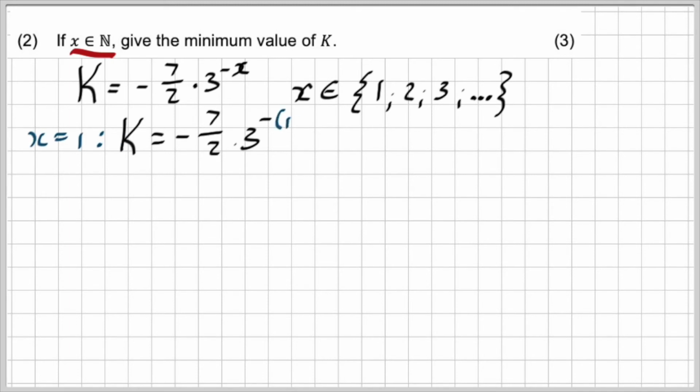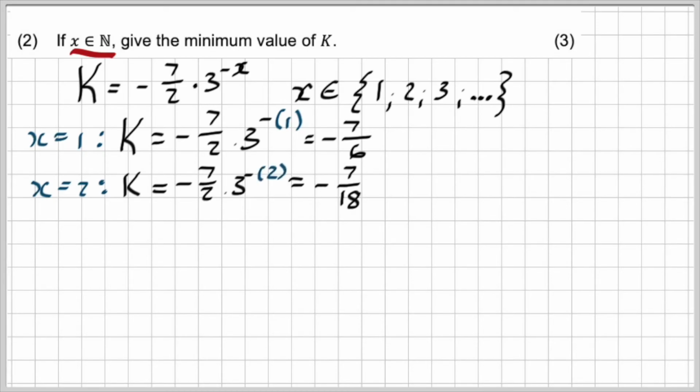If I make x equal to 1, I get an answer of negative 7 over 6. If I make x equal to 2, I get negative 7 over 18. If I make x equal to 3, I get negative 7 over 54.